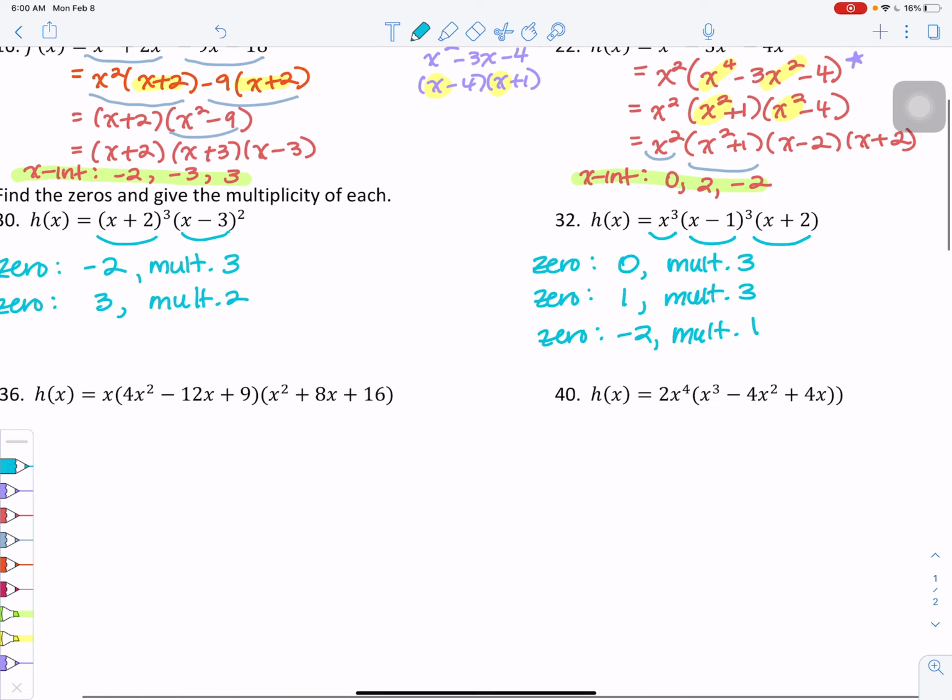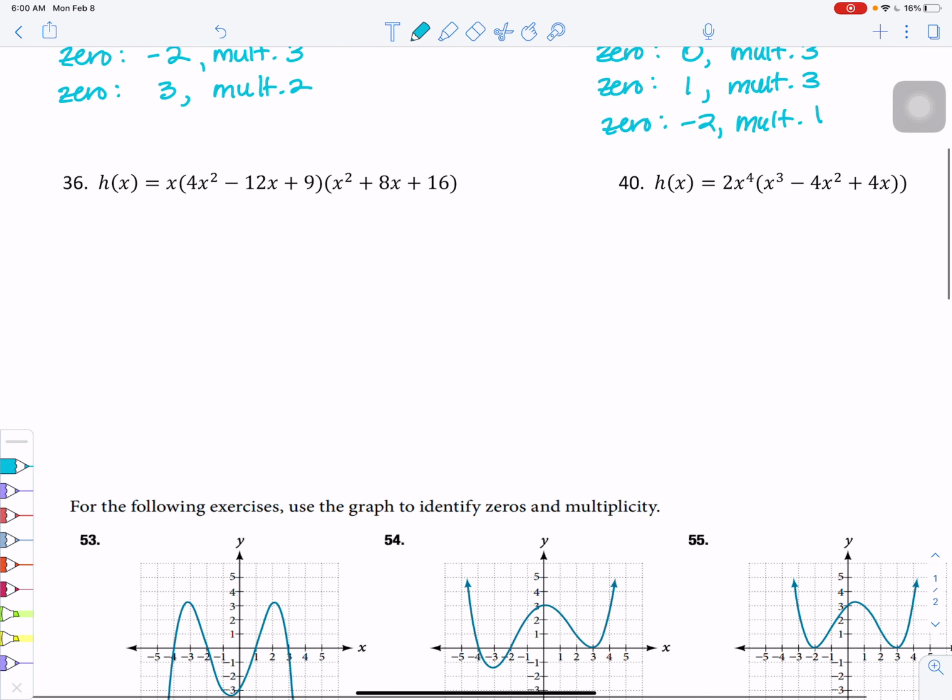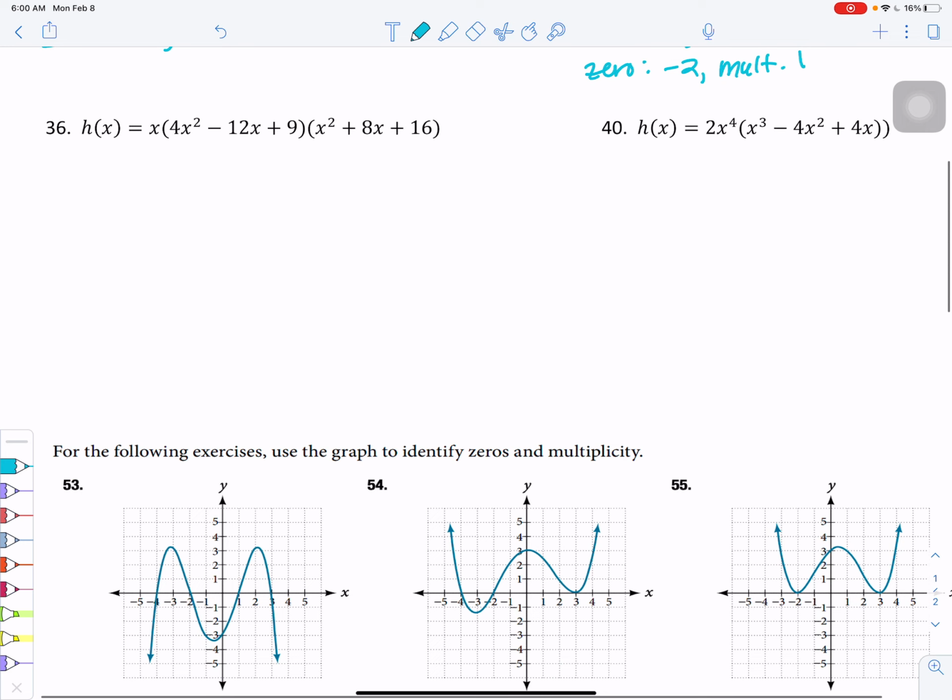Okay, let's go ahead and look at number 36. Now there's going to take some factoring in some of these, so we're going to have to make sure that we practice those. I gave a little bit of extra room here. So we do need to factor this. So I'm going to have an x, and of course this first trinomial will be factored into two binomial factors, and this second one.